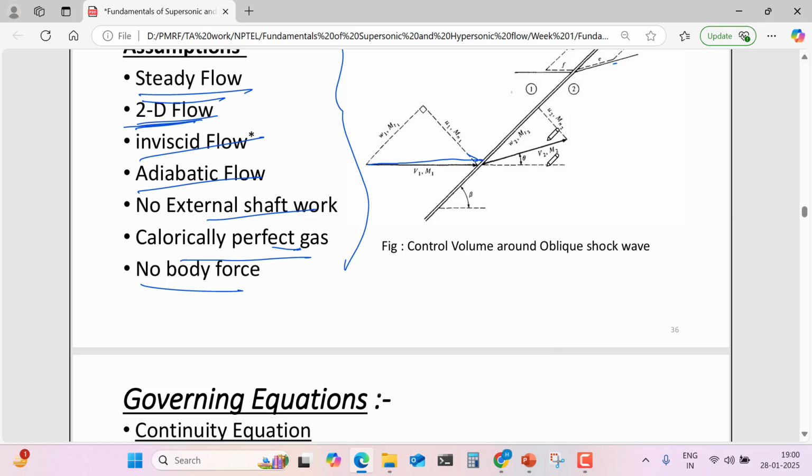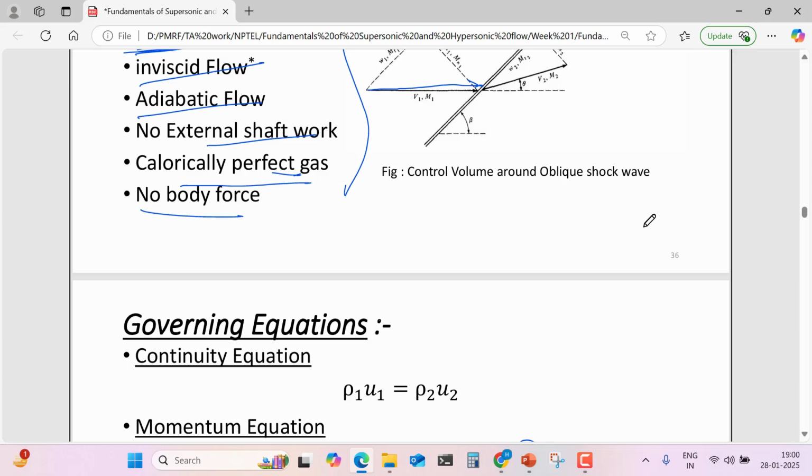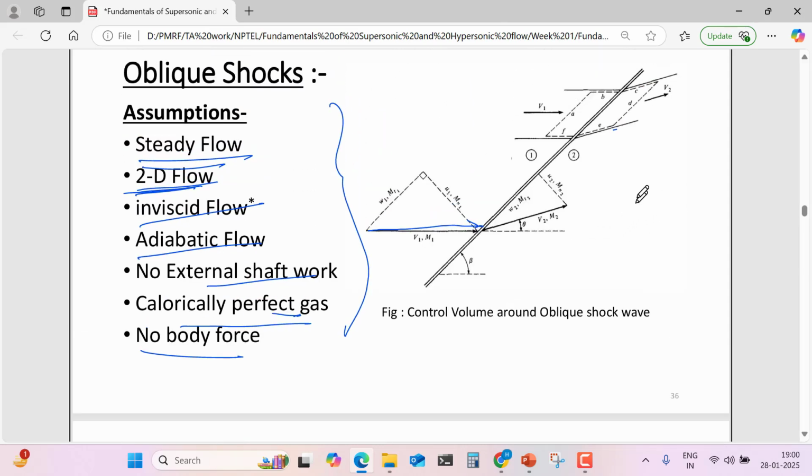This u1 and u2, and w1 and w2 are components of v1 and v2. So in momentum we will get two equations. X momentum: p1 plus rho 1 u1 square equal to p2 plus rho 2 u2 square, and in Y, w1 equal to w2. Here you can think that this is X and this is Y. Y is along the shock and X is normal to the shock.